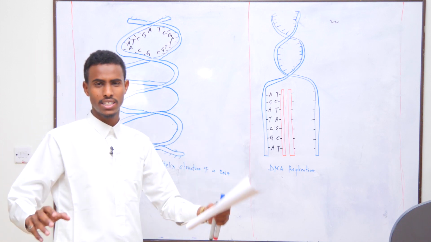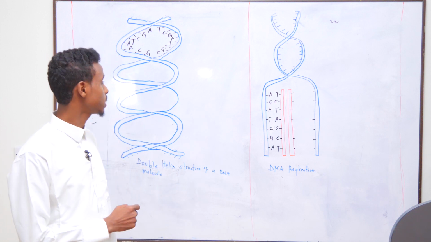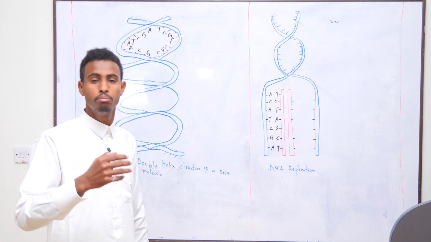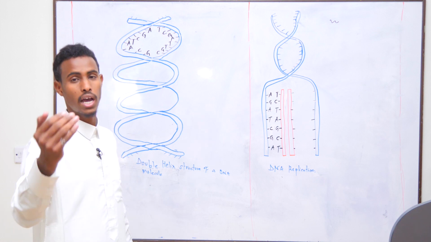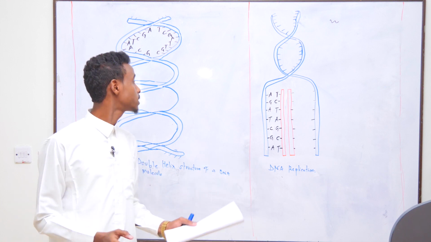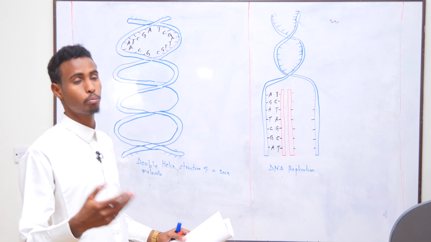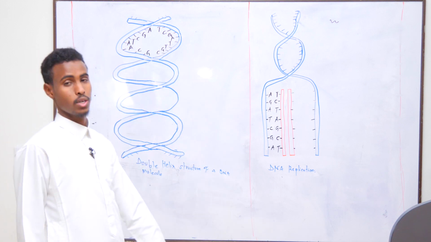We also looked at the bases that pair with one another. For instance, adenine pairs with thymine, and cytosine pairs with guanine.